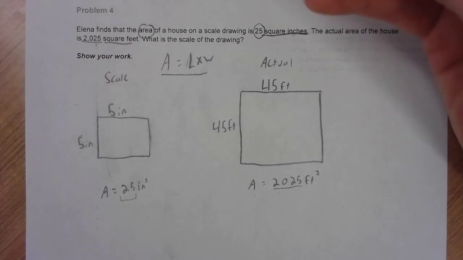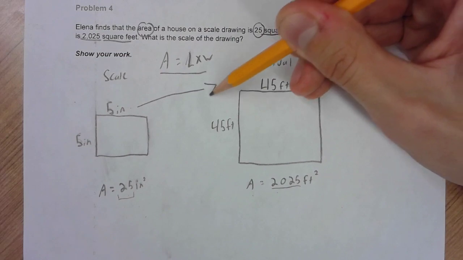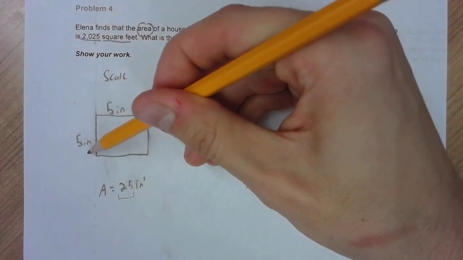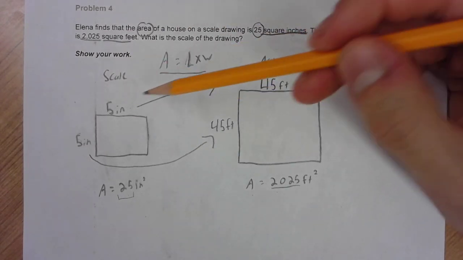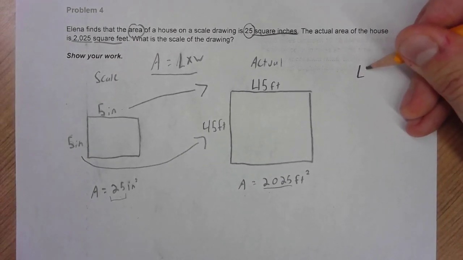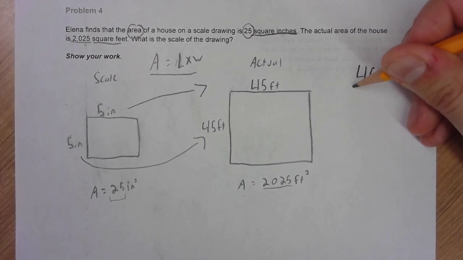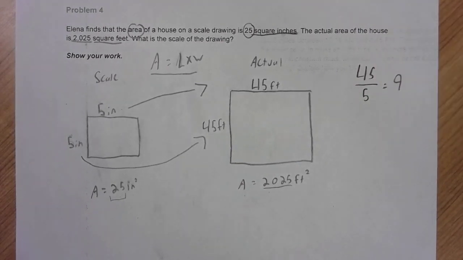All right? So how do we get from 5 inches to 45, and 5 to 45 here? We have to both multiply by the same number. So what number multiplied by 5 will get us to 45? You could simply just do 45 divided by 5, which we know will give us 9.